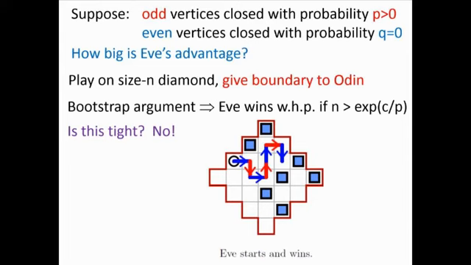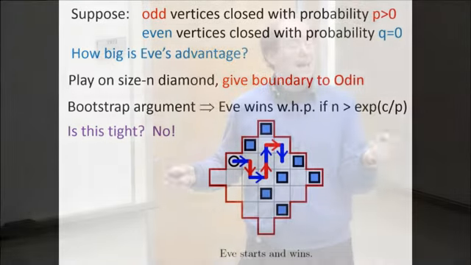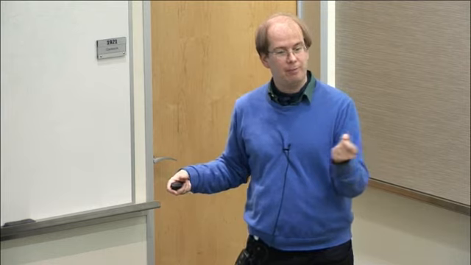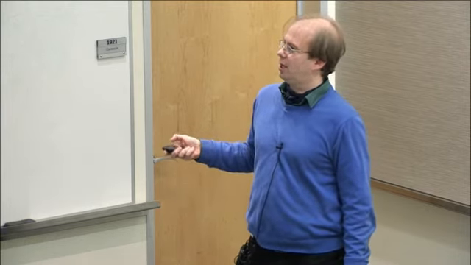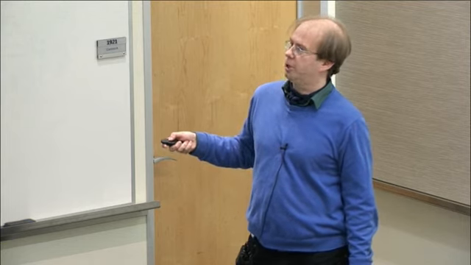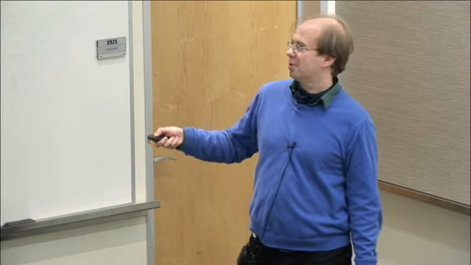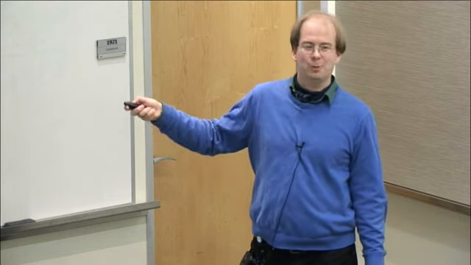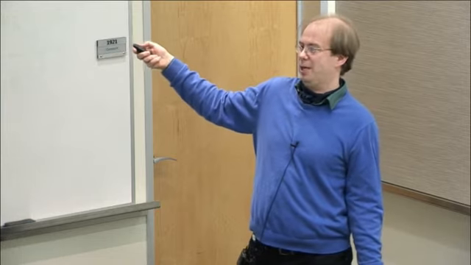So you can play around with this model. Let's play it on a size n diamond. So now we have two parameters. We have n, the size of the square, and we have p, the density of closed sites. And bootstrap percolation gives you bounds involving finite squares. So it tells you that Eve wins with high probability if n is big enough compared with p, if it's bigger than exponential of constant over p, which is pretty big, of course.